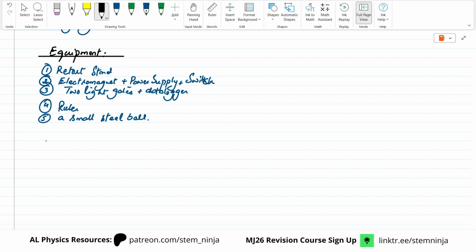Okay. Now the methodology or method. So first things first, we need to assemble the apparatus as shown in the diagram.